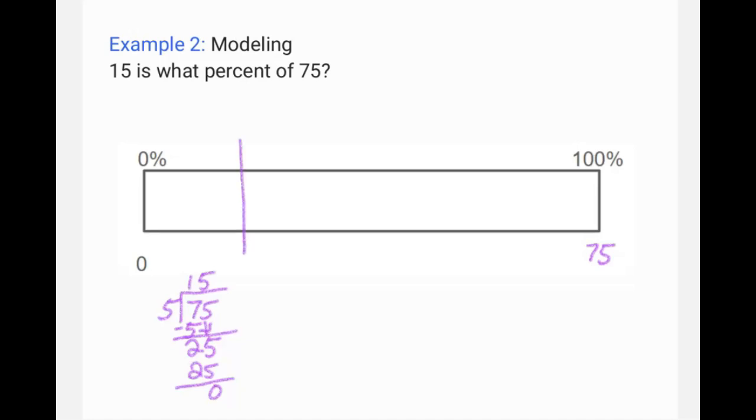If I divide this out to 1, 2, 3, 4, that gives us 5 boxes, and each of those 5 boxes are 15. So I have 15, and if I add 15 to 15, that gives me 30. 30 plus 15 gives me 45. 45 plus 15 gives me 60, and then 60 plus 15 gives me 75. So that's evenly spaced out.